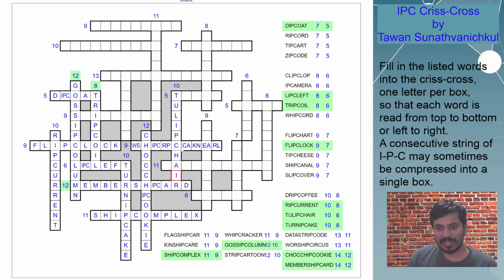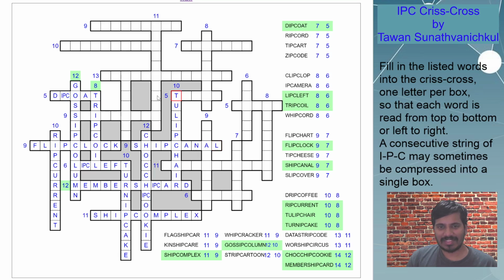The moment we know it is C, it can't be whip cracker. So it has to be ship canal, and we can now replace this with ship canal. So we're now done with ship canal and tulip chair.